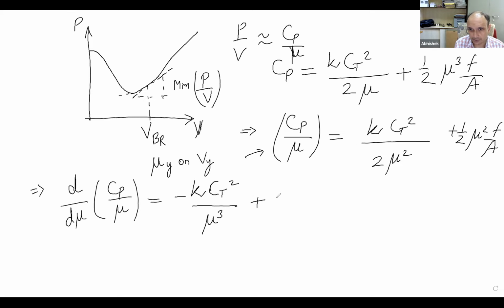Plus this is straightforward, this will also give you 2, so it will be mu F over A, and this should be equal to 0.